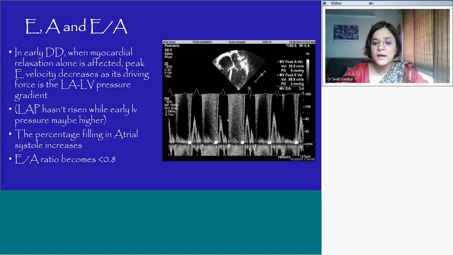Example, this is E, this is A. The ratio is 3.4, which is elevated, and this is a situation where there's dysfunction where the left atrial pressure has risen significantly.